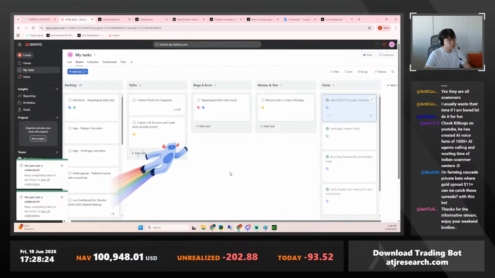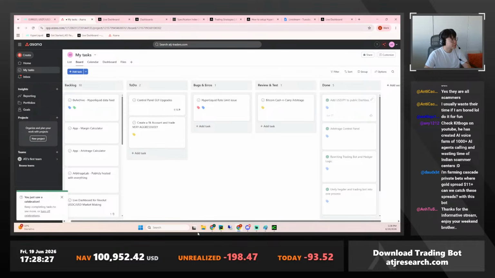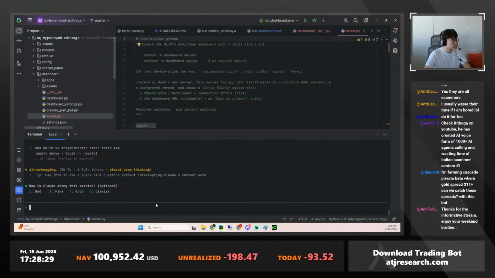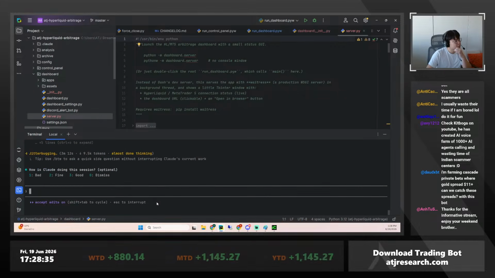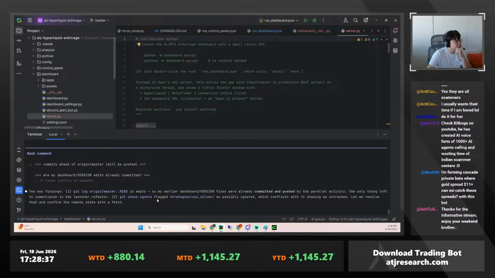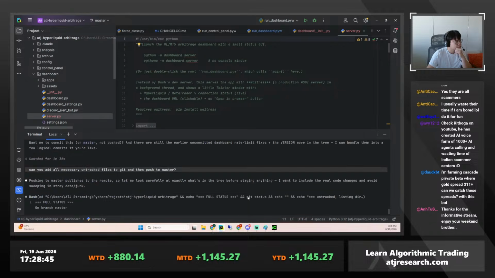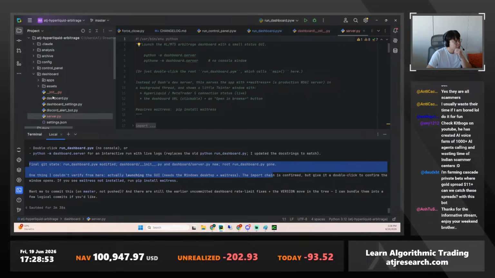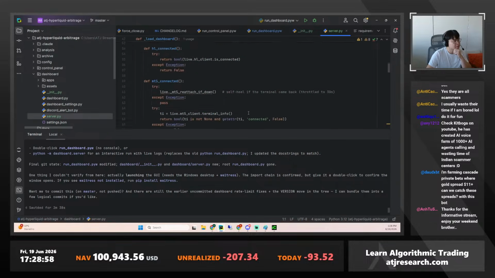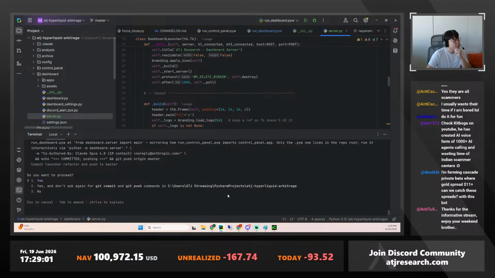So this is done. All of it is done. And we're waiting for a Bitcoin arbitrage for next week. Yeah, I feel like Claude's taking quite a long time. So at least it knows that the init and dashboard server are new, so these have to be added. Hopefully that will be added soon.